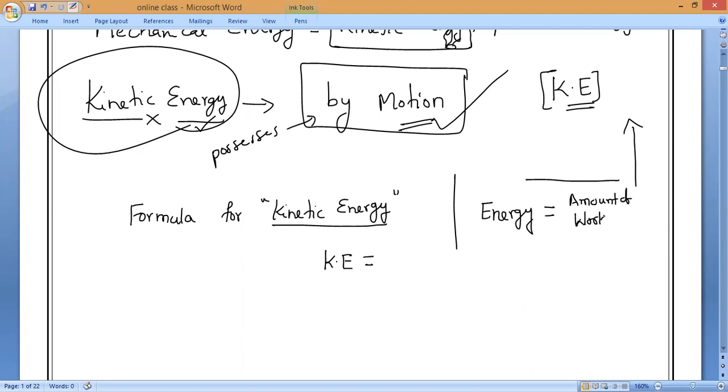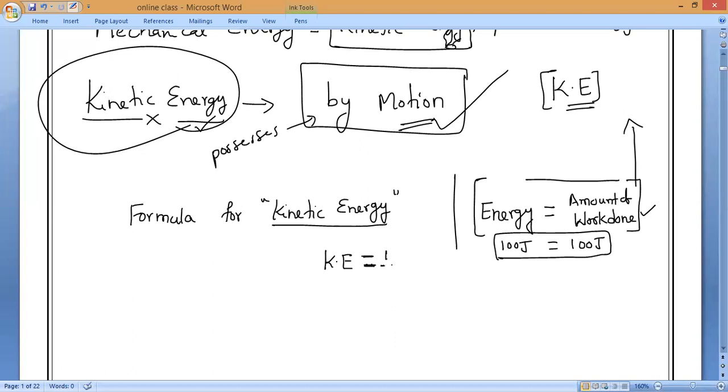If my body is releasing 100 joules of energy, I can do 100 joules of work. So always, energy possessed by my body is equal to the amount of work done. With the help of that, we have derived the kinetic energy formula.